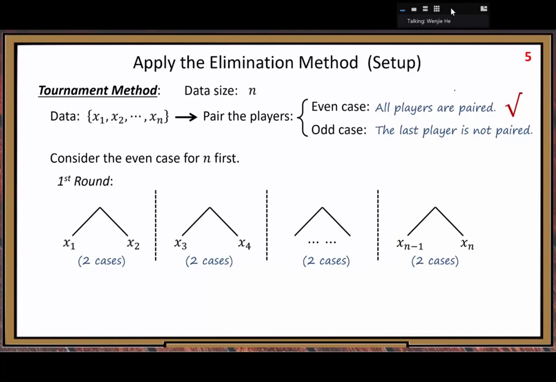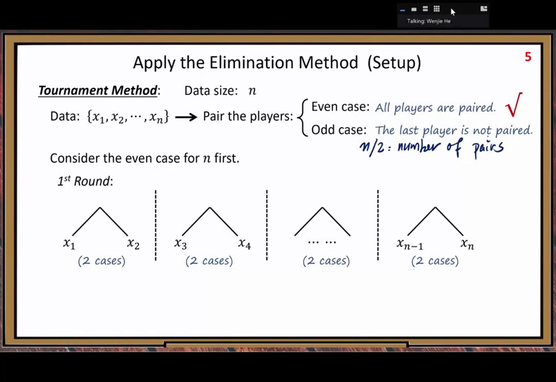For the question, this N over 2 is the number of pairs. But in your discrete math, you do the counting.